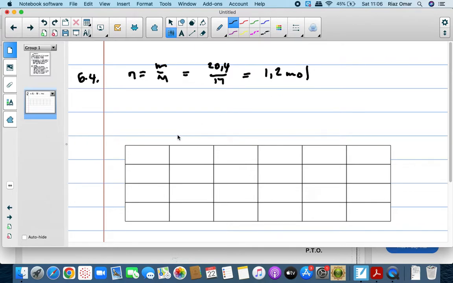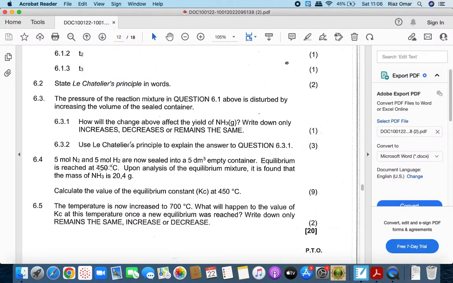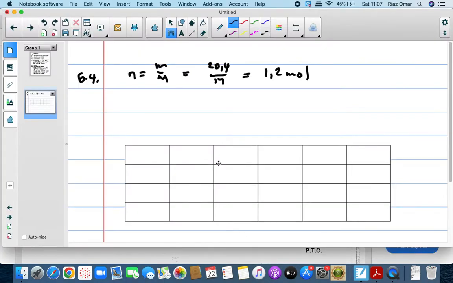Alright, so now let's put this in our table. We've got the number of moles that are given, so we don't need to work it out with the x method. Initially we've got 5 moles of nitrogen, 5 moles of hydrogen, and at equilibrium we've got 1,2 moles of ammonia. So let's write this down.